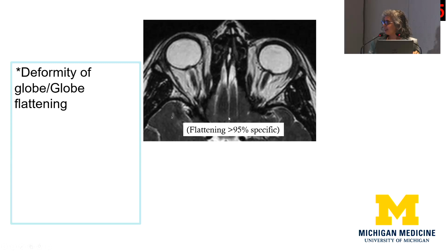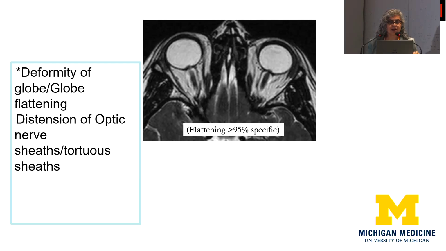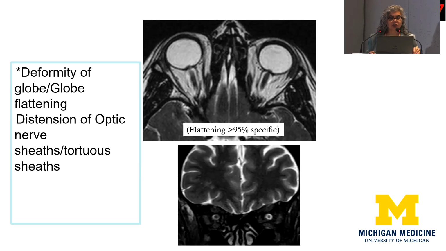So you see the flattening of the globe here, and flattening in the literature is said to be specific for papilledema. And distension of the optic nerve sheaths or tortuous sheaths, which you may see as more CSF, which is the white around the optic nerves.